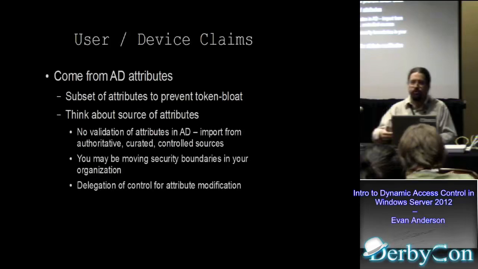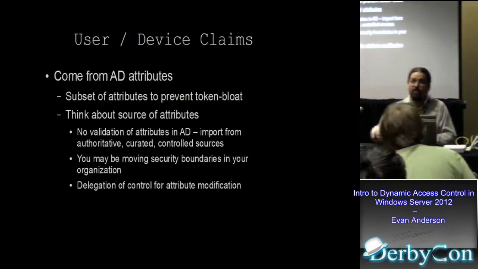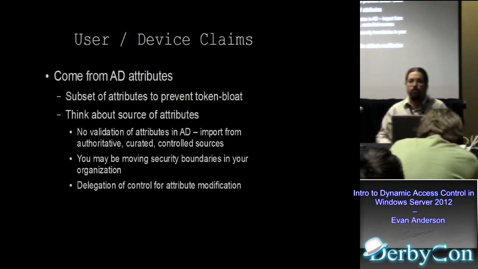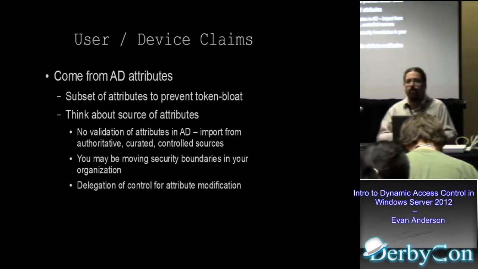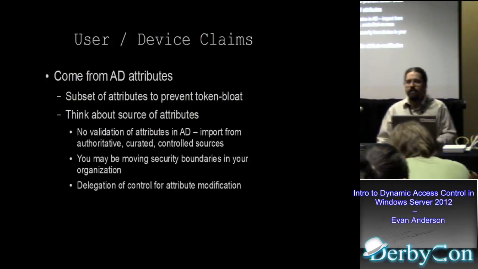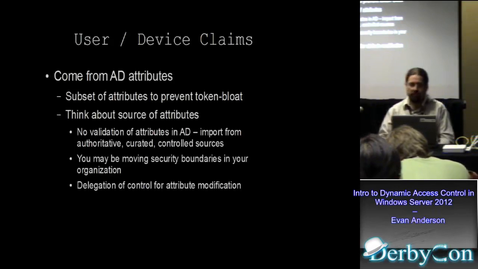You have to choose, because depending on whether you have Exchange installed or not, depending on whether you have Lync installed or not, there could be hundreds of attributes on a user object, and you don't want to be pushing those around if you're only actually measuring just a couple of them. So this claim creation process is the mechanism where you tell DAC, these are the attributes I care about, so the DCs push those attributes out in Kerberos tickets.